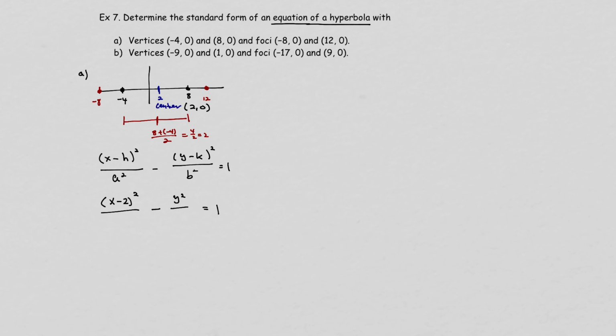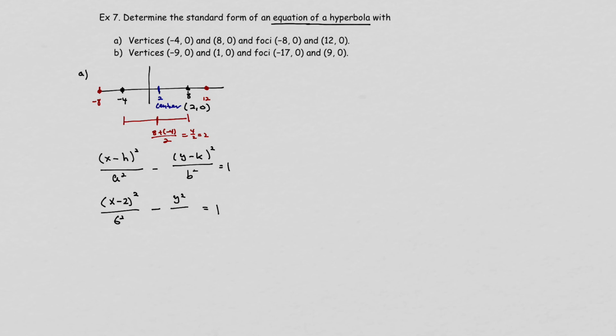What about the a value then? The a value is going to be from center 2 to 8. So this distance, right? That's going to be 6. So we will say your a is equal to 6, and your b is something we can look for.